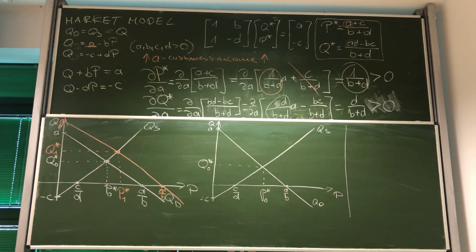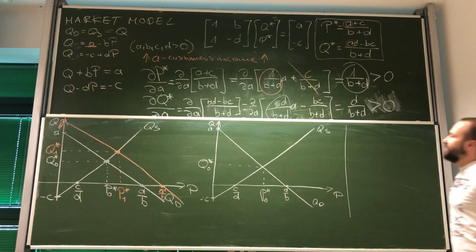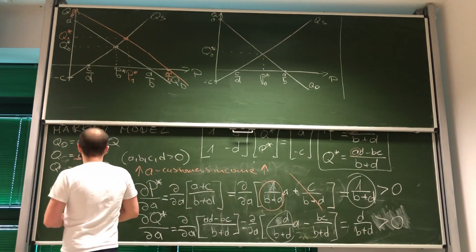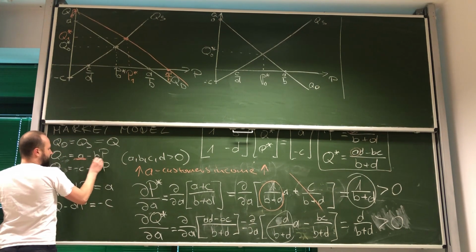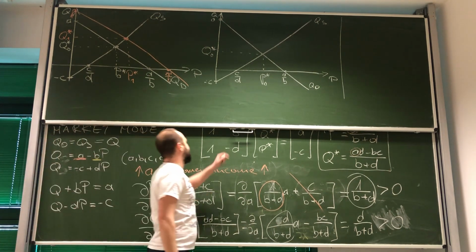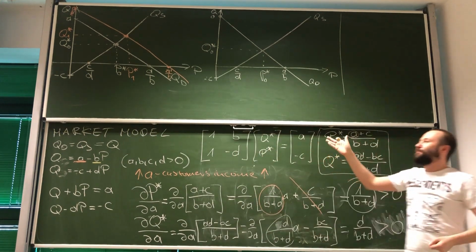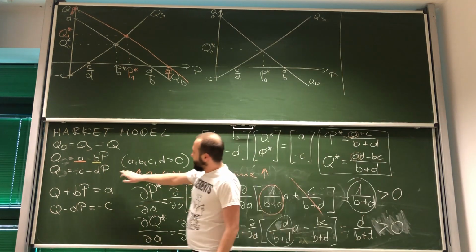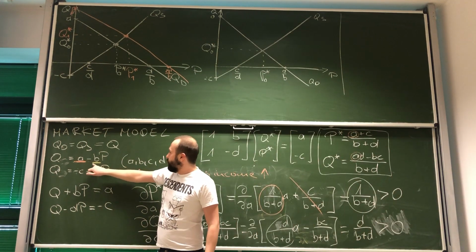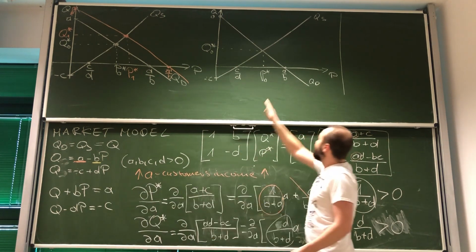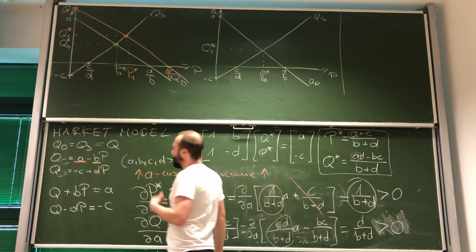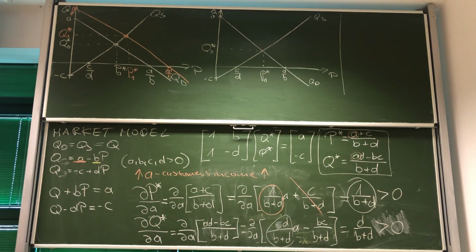Okay, so what do we need to do now? Well, we need to examine the impact of B, right? So what is going to happen if B is changing? Okay, what is B in our context? Look, we know that this coefficient, negative B, gives us the negative slope of demand, right? The higher the price, the lower the quantity demanded, right?